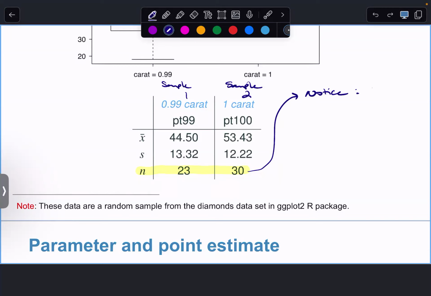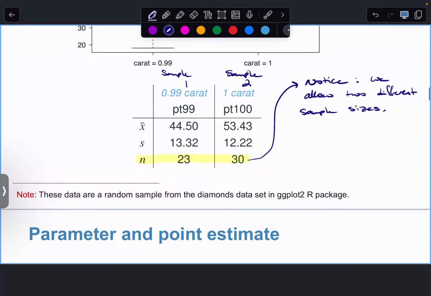And so notice we allow 2 different sample sizes. I think that's kind of neat. And you don't have to worry about collecting the same size sample all the time.